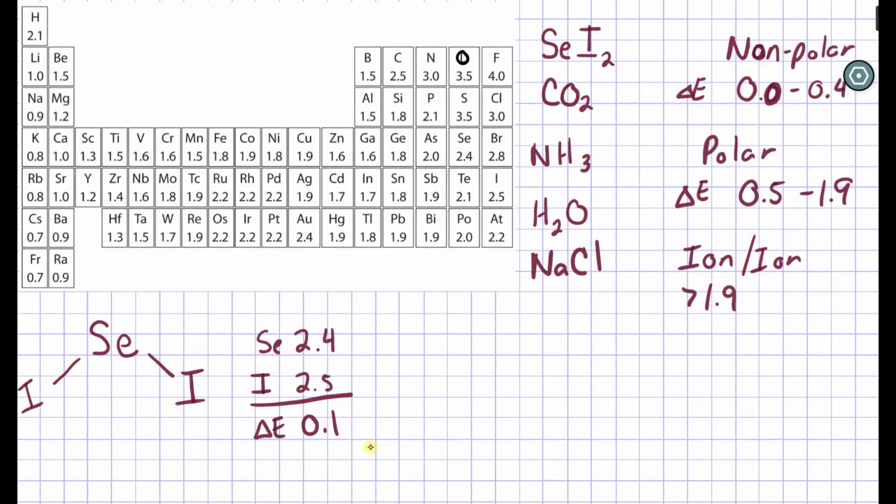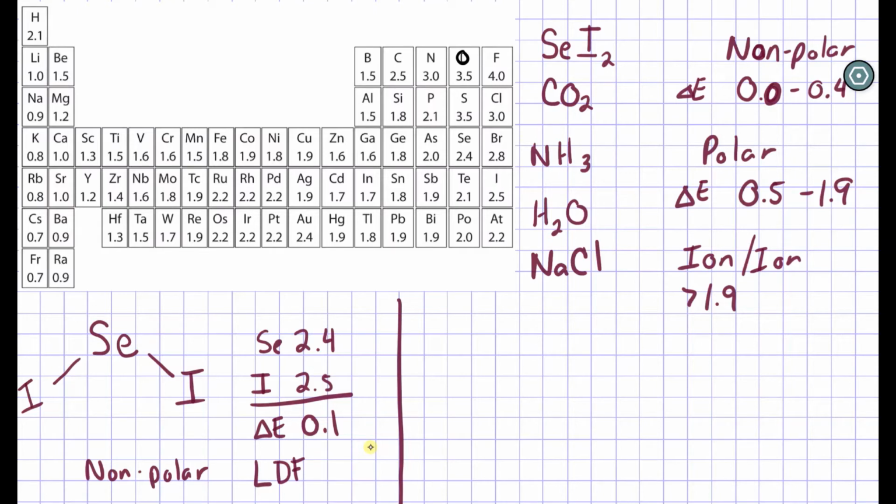If you remember from up here, that clearly falls in our nonpolar range. So these are going to be nonpolar bonds, which means that this will be a nonpolar molecule. Since it's nonpolar, the intermolecular force involved is going to be LDF. If you need more information on that, then watch the video on the intermolecular forces that I posted. But for now, we're just going to go ahead and move on.